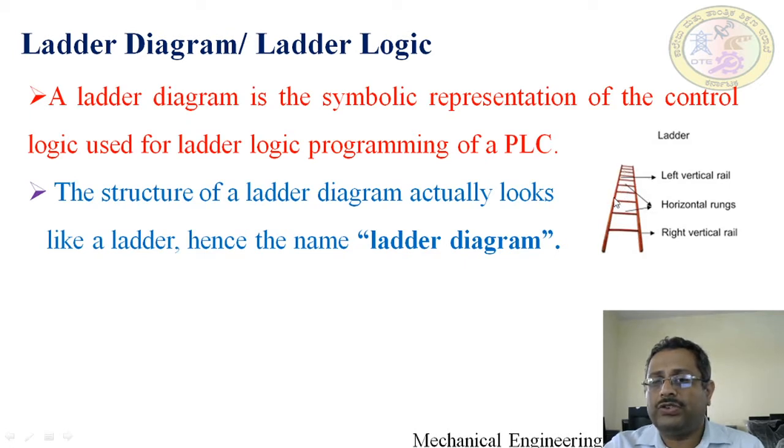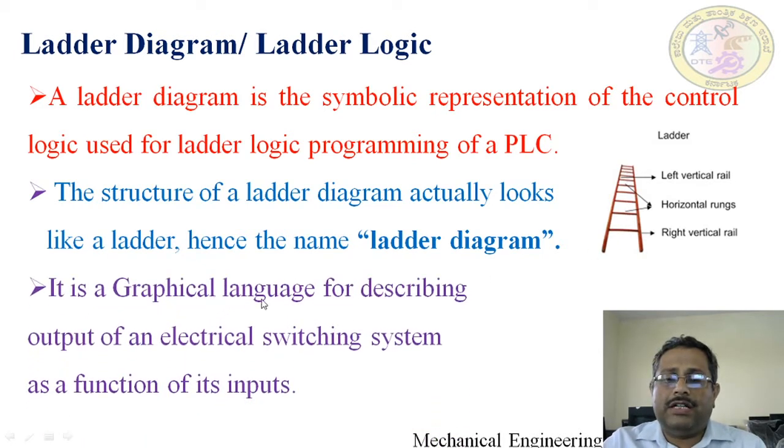It contains 2 vertical lines that are called rails, and these 2 vertical lines are connected by horizontal lines that are called rungs. And it is a graphical language for describing the output of an electrical switching system as a function of its inputs. Means in an electrical switching system there will be an output.